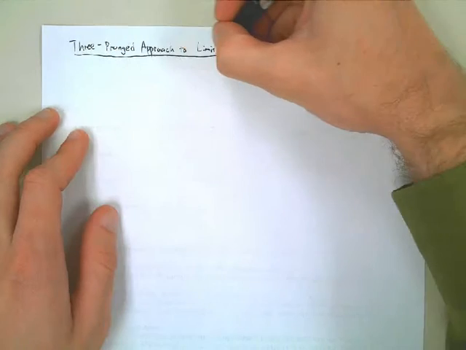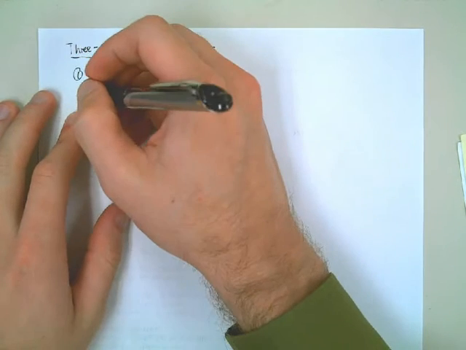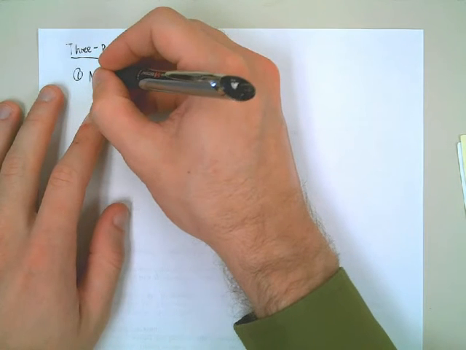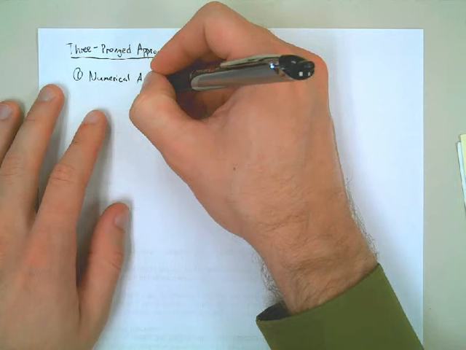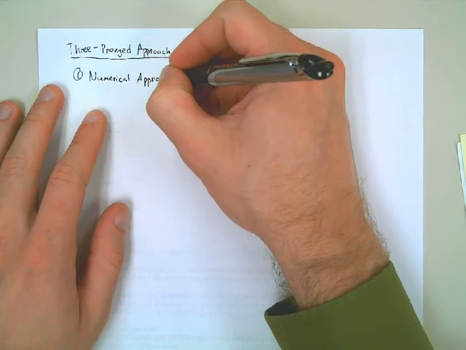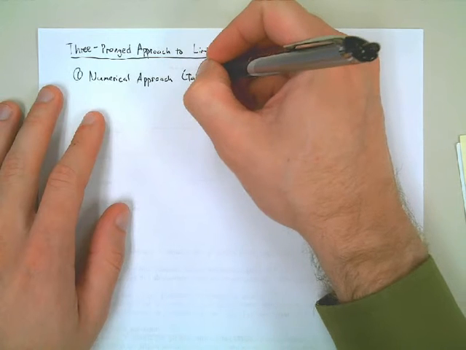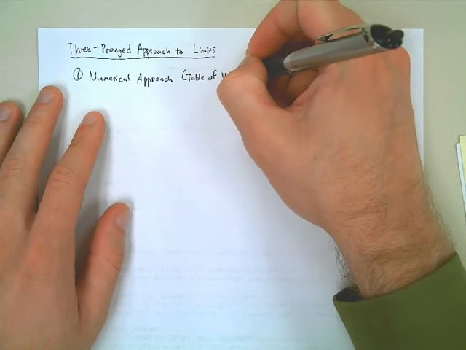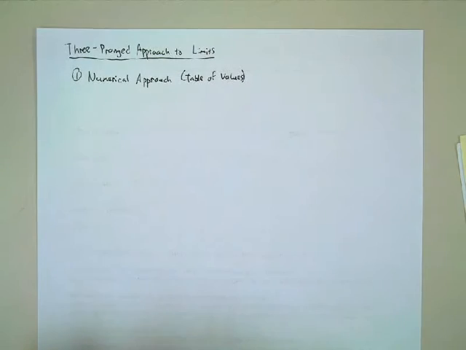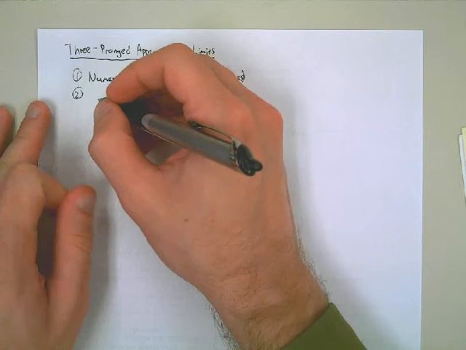The first one, what we've seen, is the numerical approach, the table of values. That's what we did. Second way we're going to do this is the graphical approach, looking at the graph. We also did that.